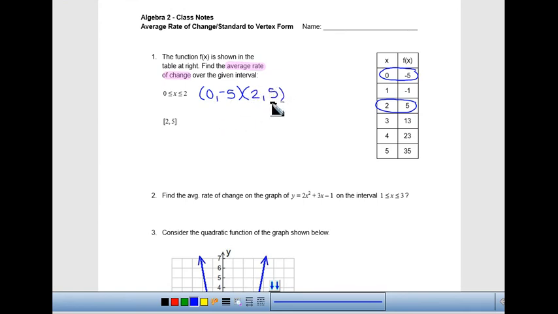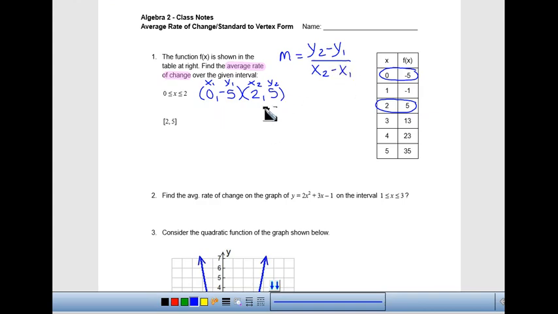Now that you have your 2 points, you might want to go ahead and label them as your x1, y1, x2, y2. The formula for slope is m equals y2 minus y1 divided by x2 minus x1.